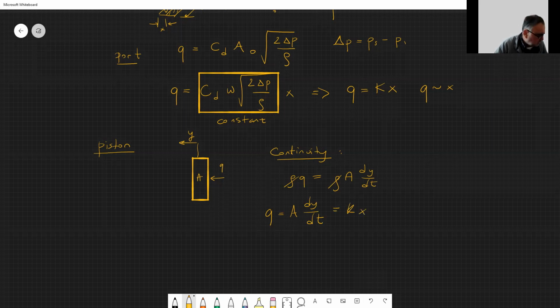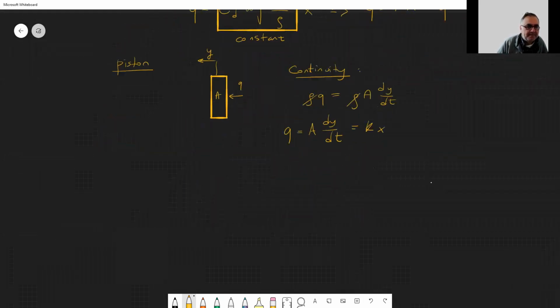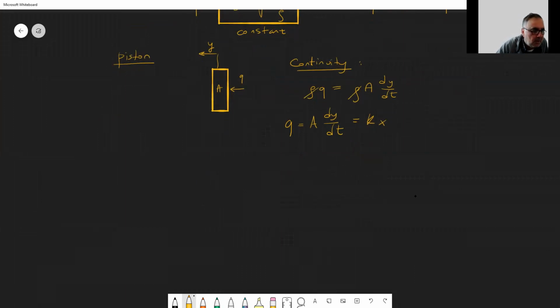Now, y is the output, x is the input for our system. So A dy/dt is equal to kx.